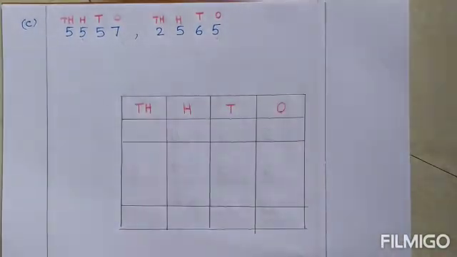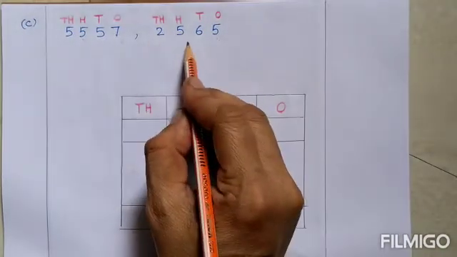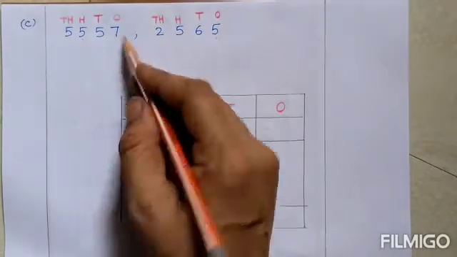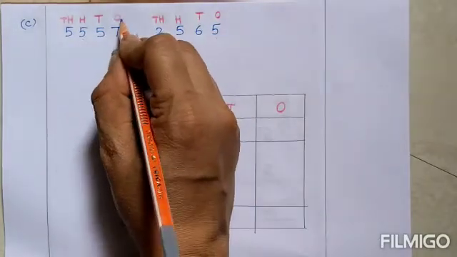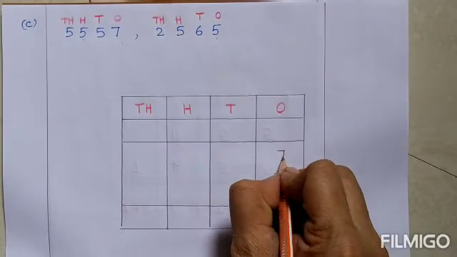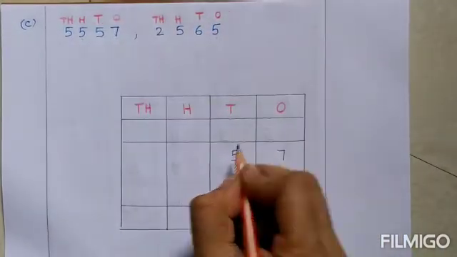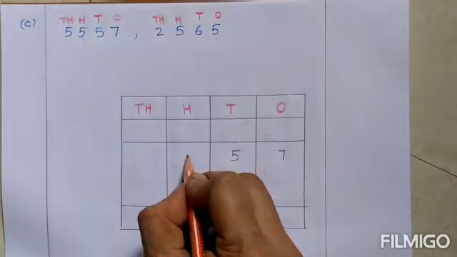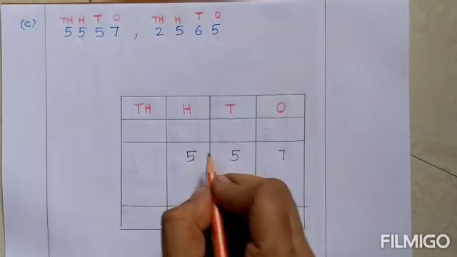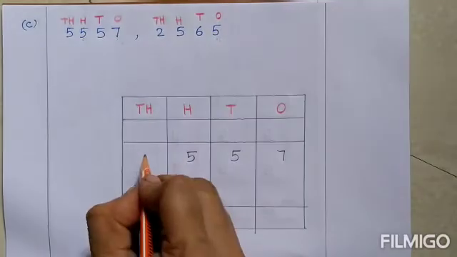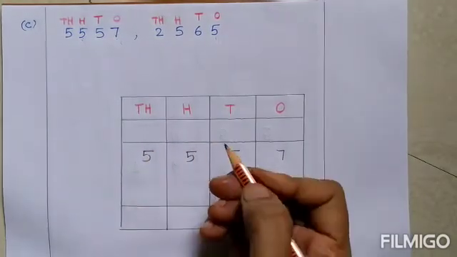Now we'll write the numbers according to the place values. Children, now tell. 7 is in ones place. 5 is in tens place. Another 5 is in hundreds place. Another 5 is in thousands place.